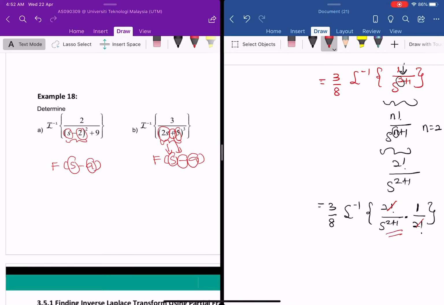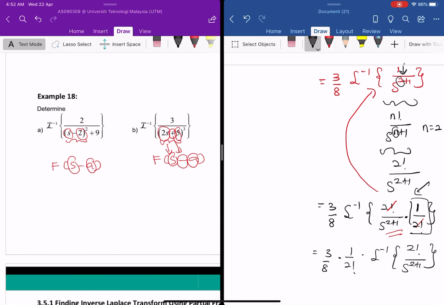Okay, so 3 over 8 Laplace inverse. Sorry. So we want to take the Laplace inverse of this one. This is a constant, can move outside, will be 1 over 2 factorial, times Laplace inverse of 2 factorial over s to the power of 2 plus 1.